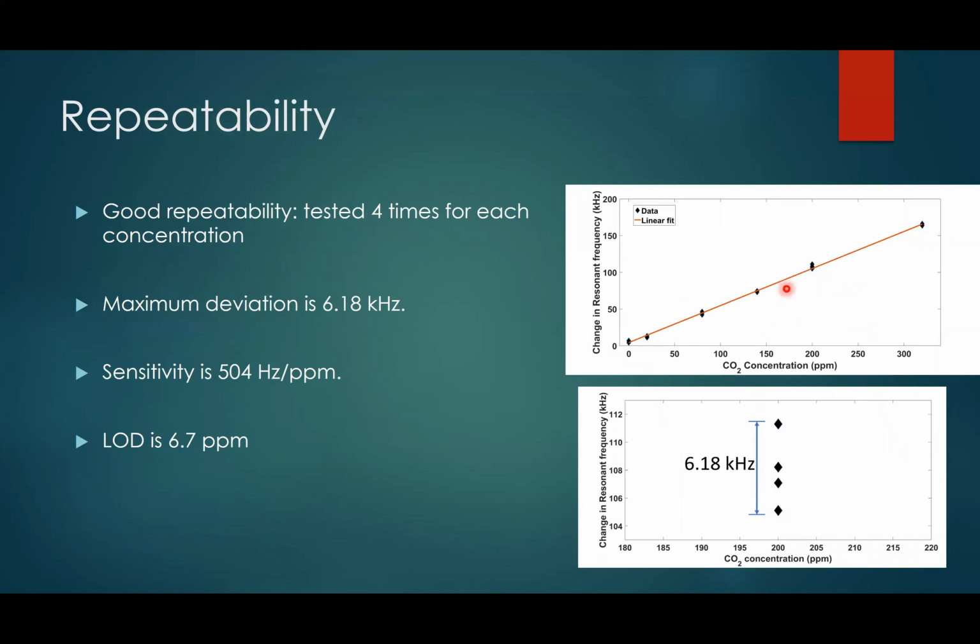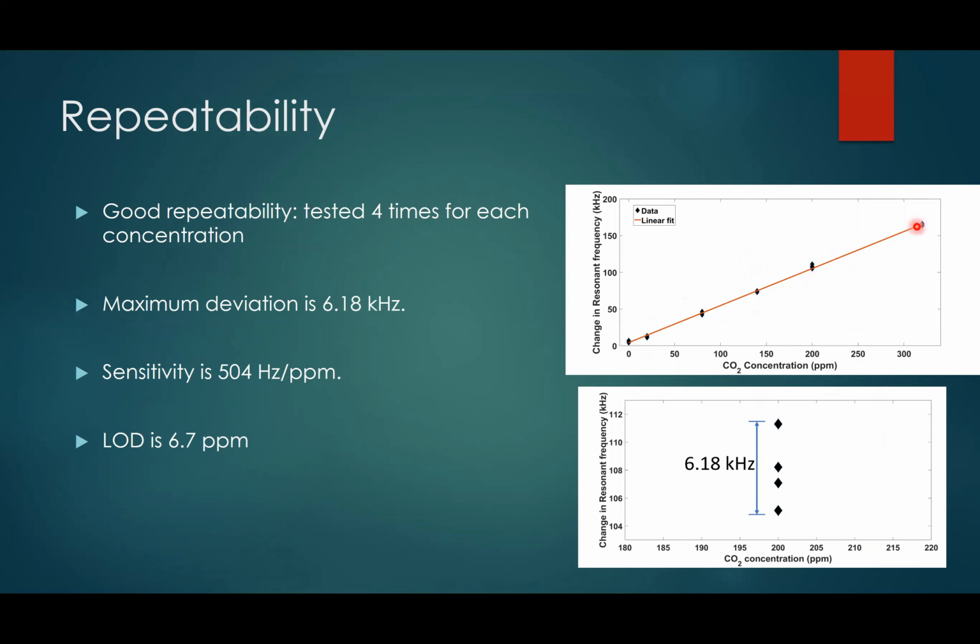So we measured the resonant frequency change for different concentrations of CO2, and for each concentration, we measured it 4 times. You can see that every time, for any concentration, the measurements are very close, which shows that the sensor is very repeatable.